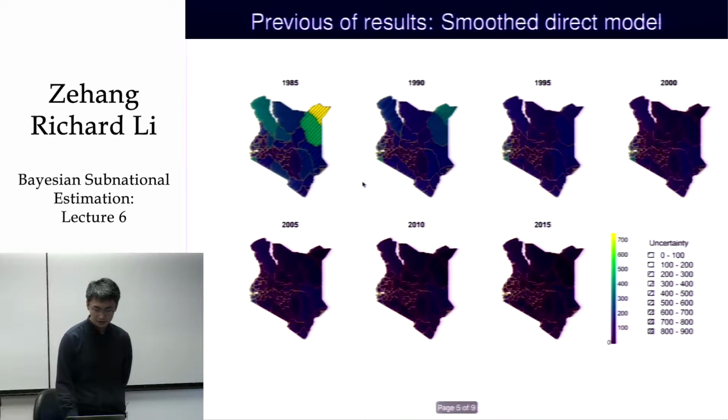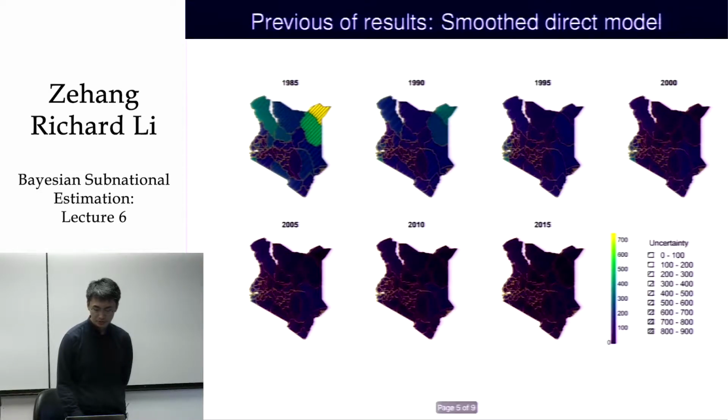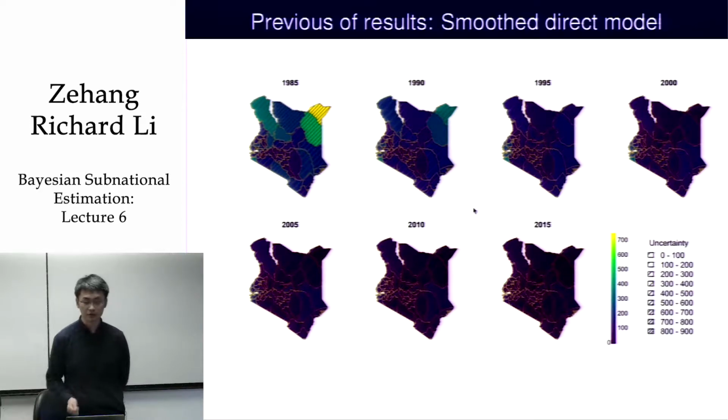Going from direct estimates to smooth direct estimates, in a lot of places, like here in 1995 in this region, you can see that we reduce the uncertainties by quite a bit by smoothing the estimates across space and time. Of course, we don't have any areas that are completely grayed out, because we can use the neighboring areas and the neighboring time periods to borrow information to estimate those U5MR rates.